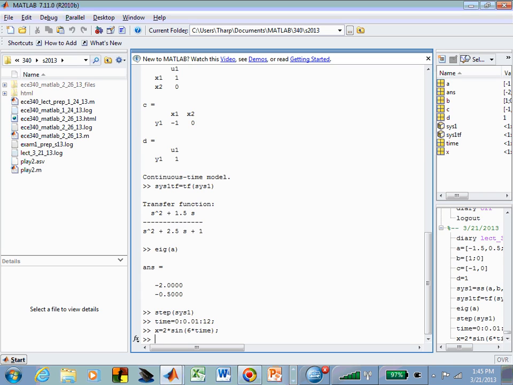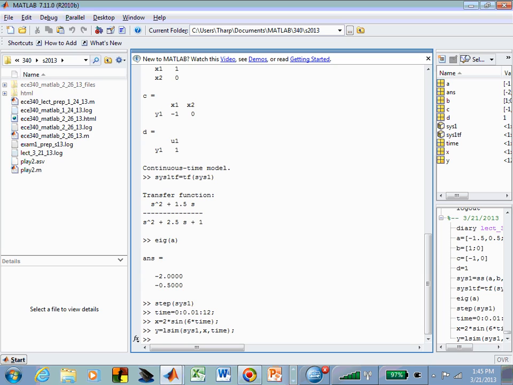Then I need to simulate this, so I'm saying my output y is going to be a linear simulation, LSIM, of system 1, that's my system, excited by the input x, and the input has to be the same vector size as my time vector. And now I've simulated, if I hit enter, that's now my output y.